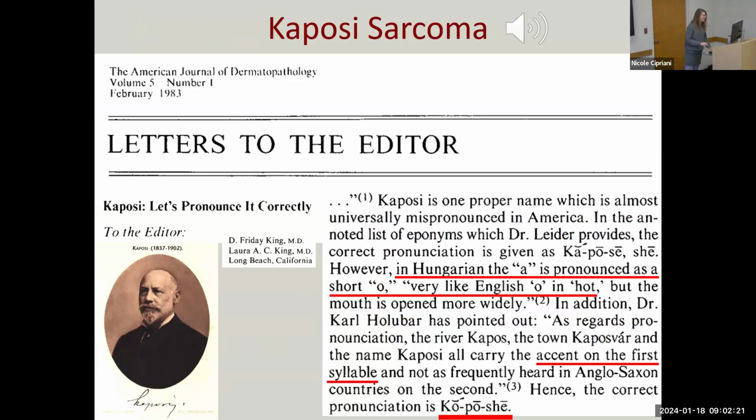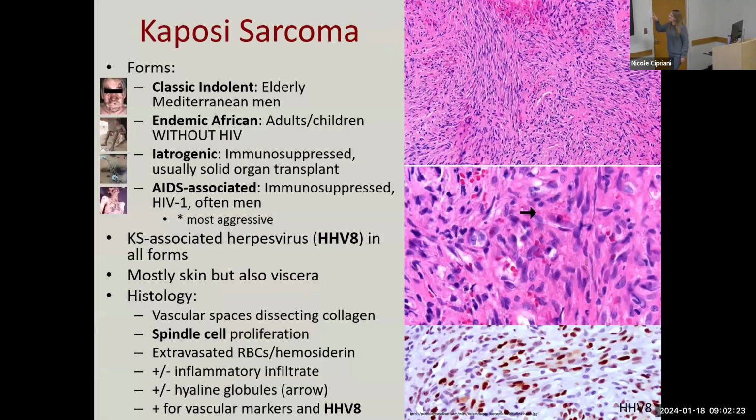So Kaposi sarcoma is also not a uniform entity. What is uniform is the morphology and the association with HHV8. And the fact that you can use HHV8 IHC to diagnose that this spindle cell lesion with extravasated red blood cells and eosinophilic globules is Kaposi's sarcoma.